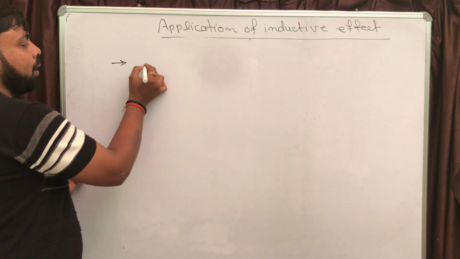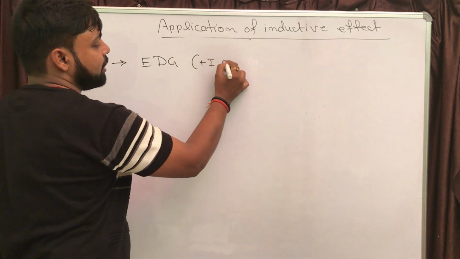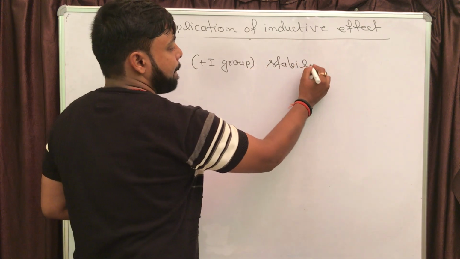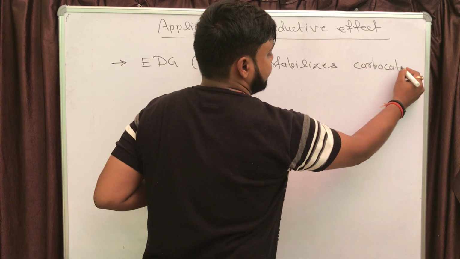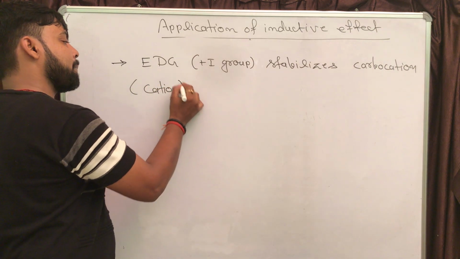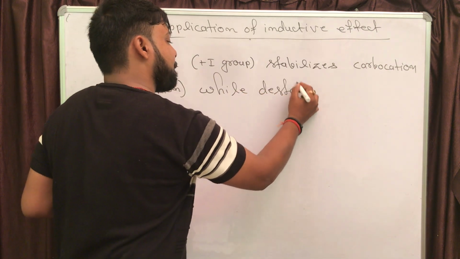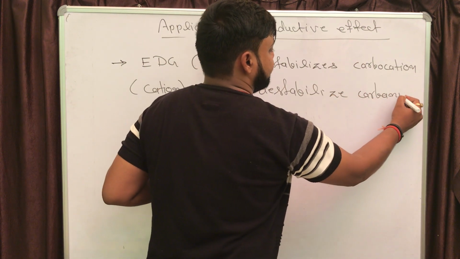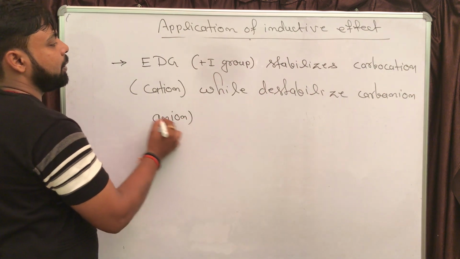Point is, electron donating group, that is plus I group, stabilizes carbocation or any other cation, while destabilizes carbanion or any other anion, right?